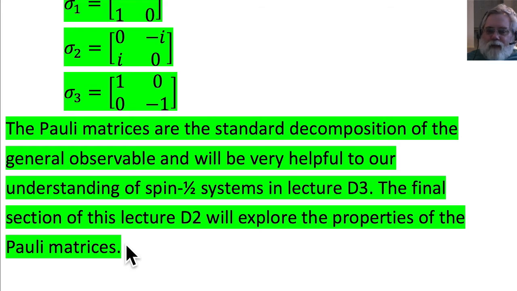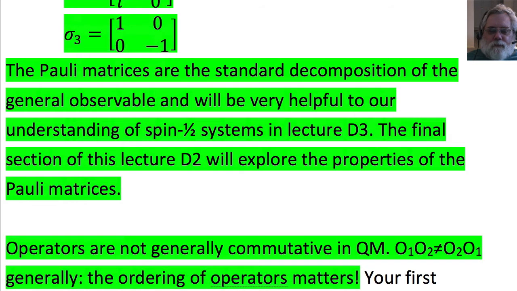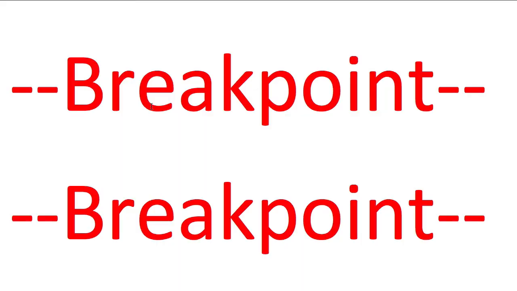Spin 1/2 inherits that, but spin 1/2 doesn't give the Pauli matrices their property and their power. Two-state systems generate Pauli matrices. This is a possible time to take a break.